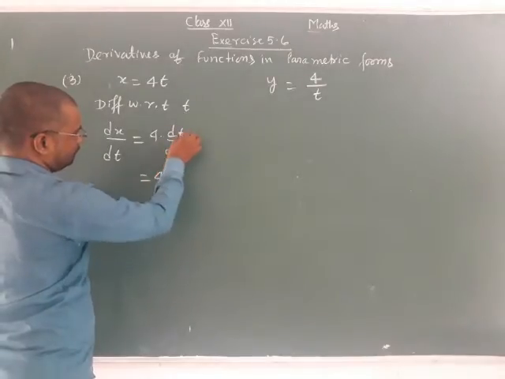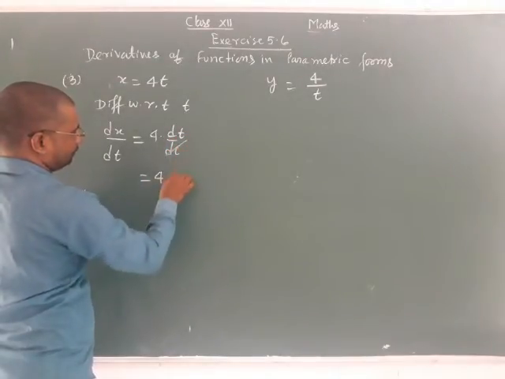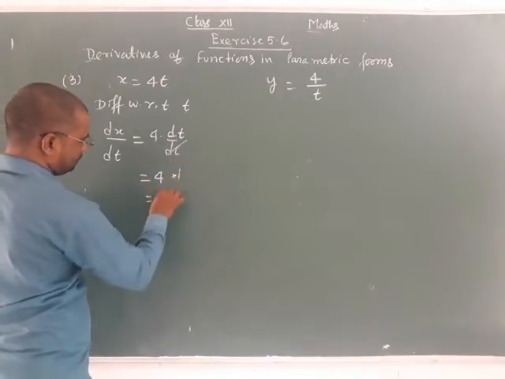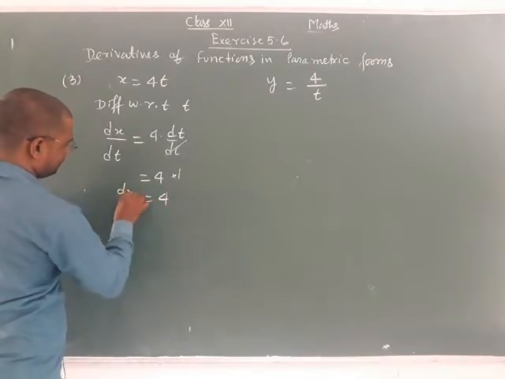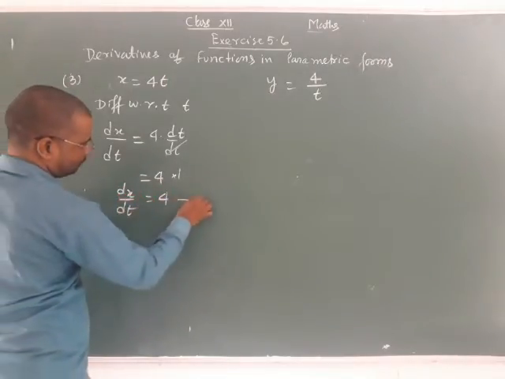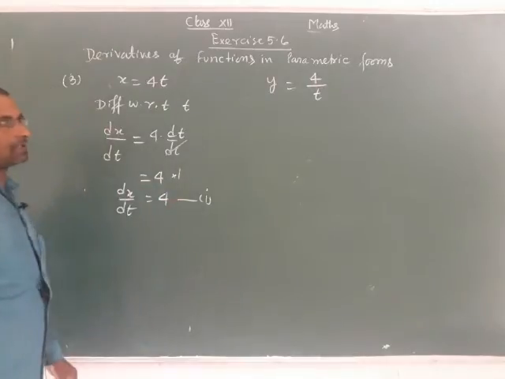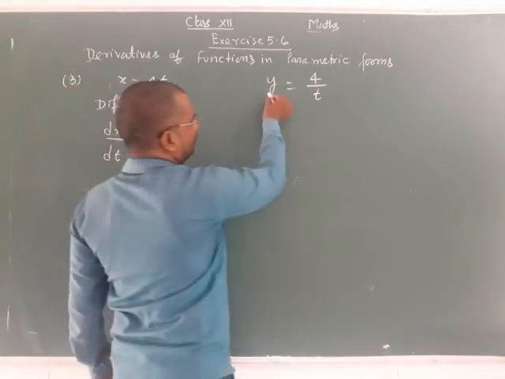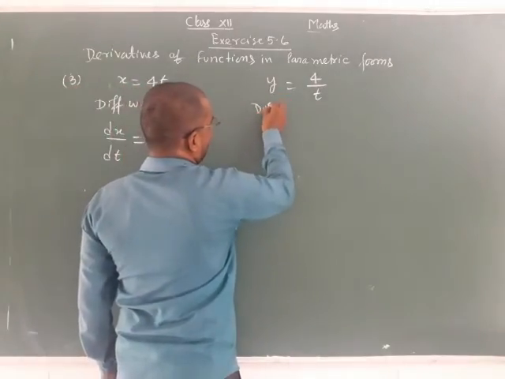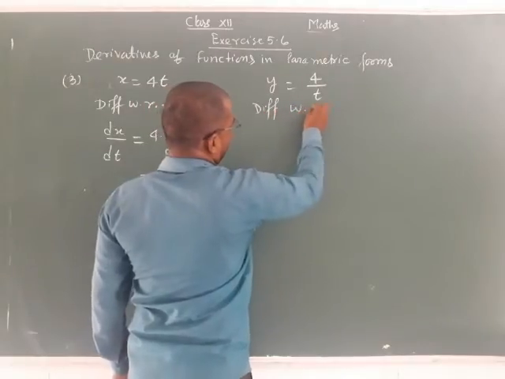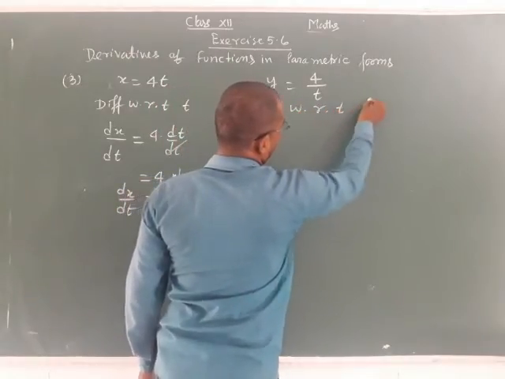So dt with respect to dt is 1. So dx upon dt is equal to 4. Now take the first part and again differentiate with respect to t.